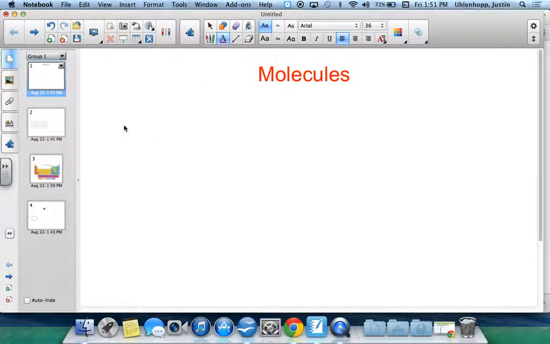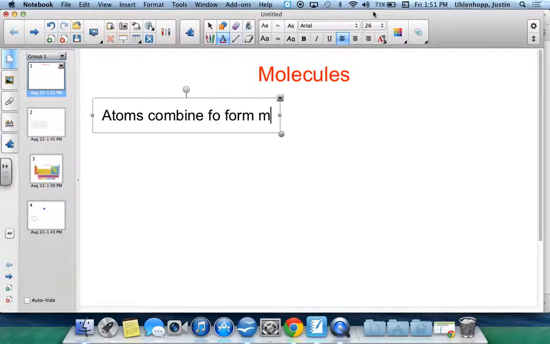All right, so our first concept is that atoms combine to form molecules. You need to remember that. Atoms combine together to form molecules.